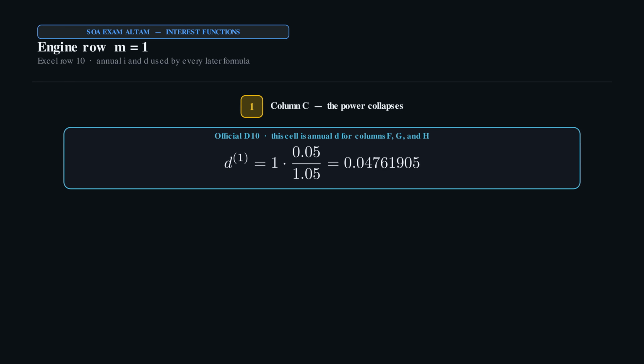D upper 1 is 1 times 0.05 over 1.05, which is 0.04761905. Cell D10 is also the annual D that every later F, G, and H formula locks onto. If you overwrite D10, you silently break the rest of the table.